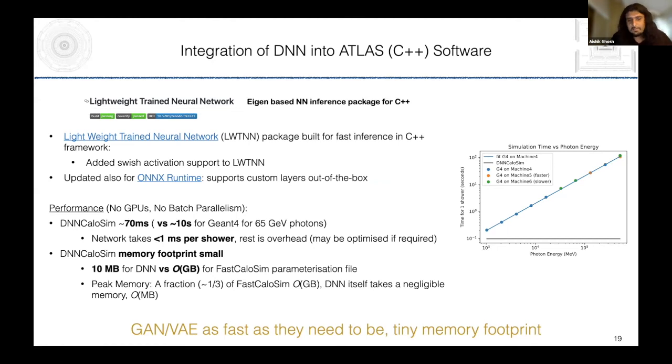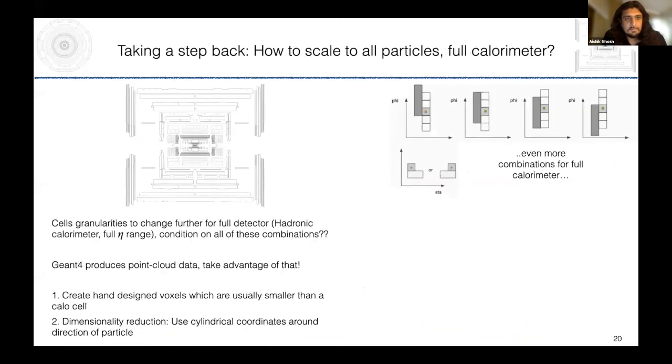And in fact, that 1/3 is also just the usual ATLAS software that's taking most of the memory. The neural network itself is taking negligible memory. So the upshot is that the GAN and the VAE are as fast as they need to be and have a tiny memory footprint. So we're happy with the performance.